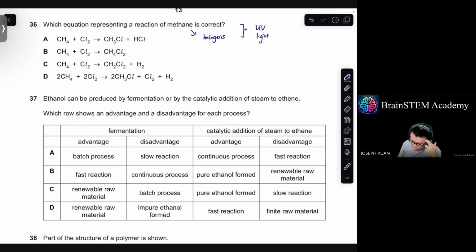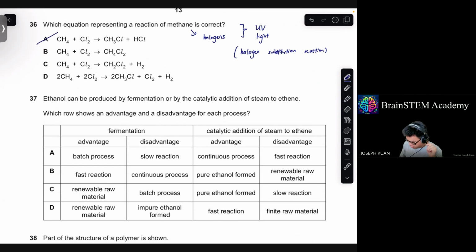So this is a halogen displacement reaction. Sorry, not halogen displacement. My bad. A little bit mixed up because I see the word halogen. It should be substitution. It's only able to substitute. So what's the best answer out of these four? Should be just A.